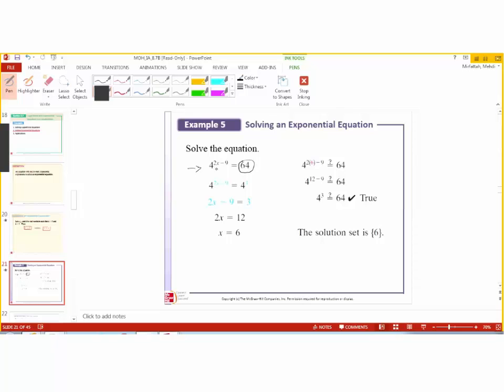Can I make these two bases the same? In this case, I can make 64 with the base of 4, so it will be 4 to the power of 3. So 4 to the power of 3 is equal to 4 to the power of 2x minus 9. We can conclude that when the bases are the same, the exponents must be the same. From there, you can solve for x.